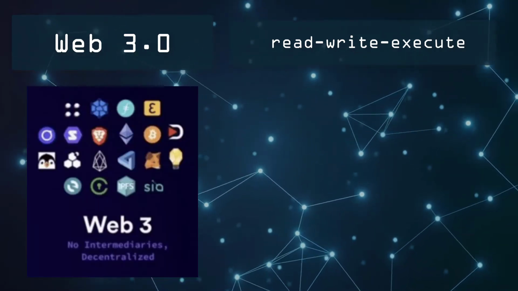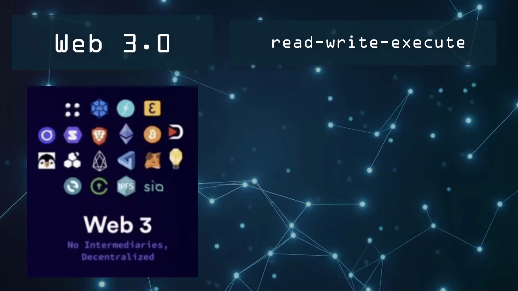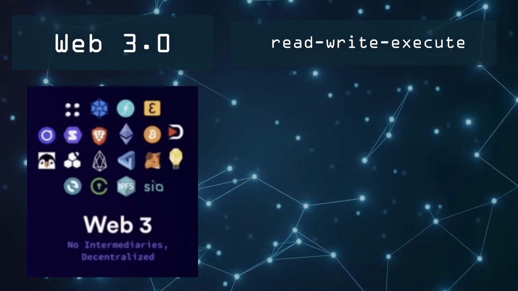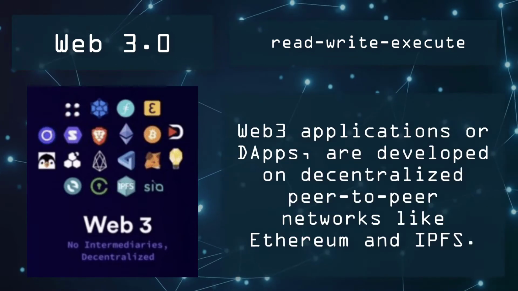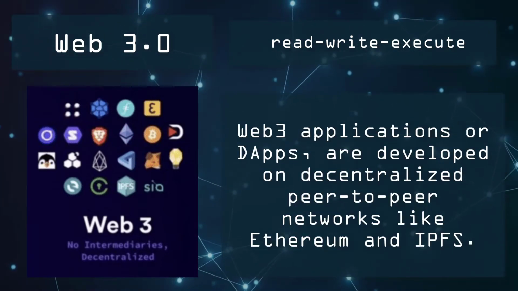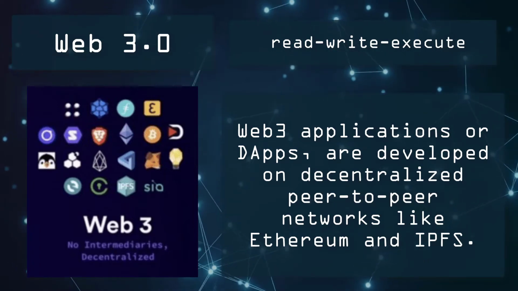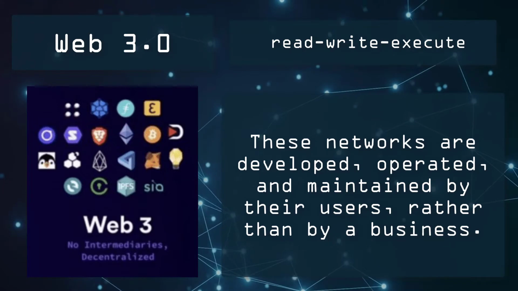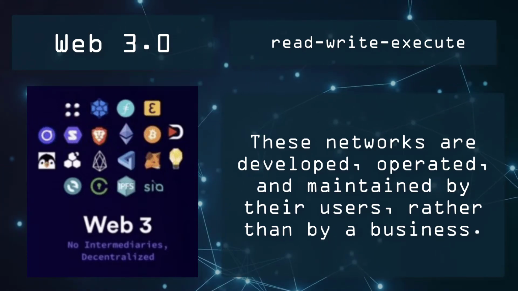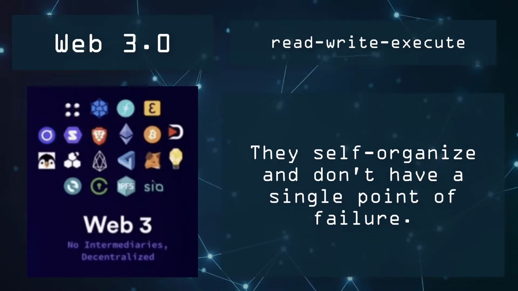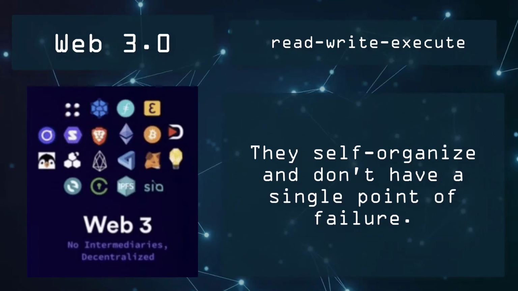In this era, artificial intelligence and machine learning enable computers to understand data in the same way that people do. Web 3 applications, or dApps, are developed on decentralized peer-to-peer networks like Ethereum and IPFS. These networks are developed, operated, and maintained by their users rather than by a business. They self-organize and don't have a single point of failure.